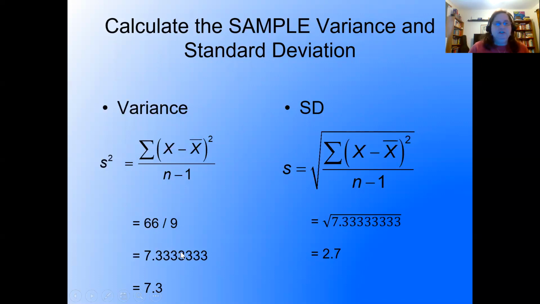And then that rounds to 7.3. Similarly, to get the standard deviation, we just take that last step of 7.3333, take the square root, and we would get 2.7.